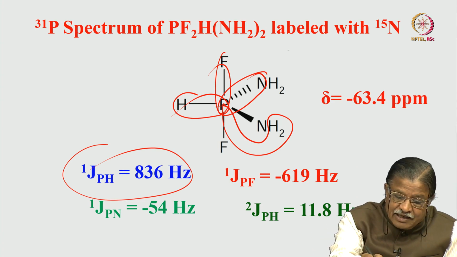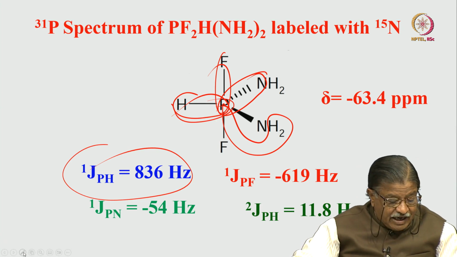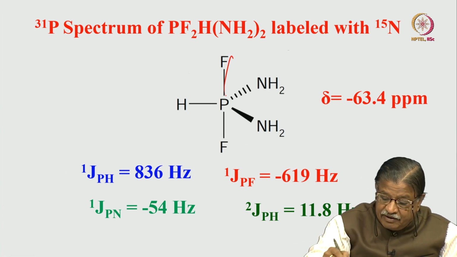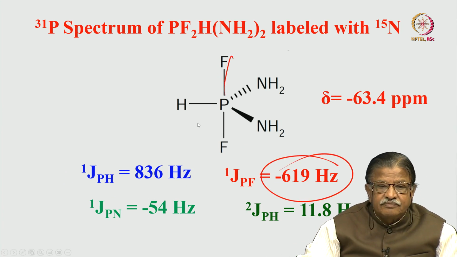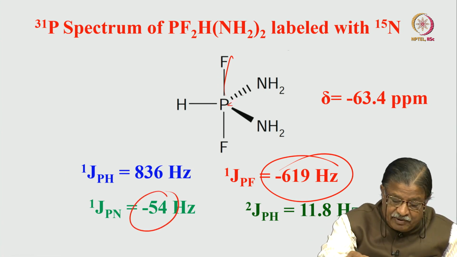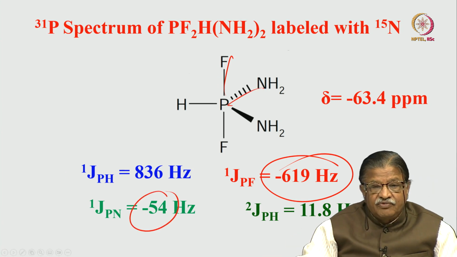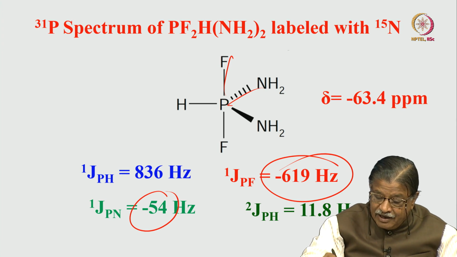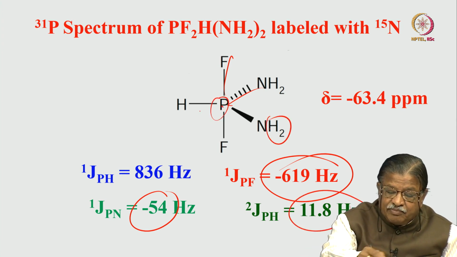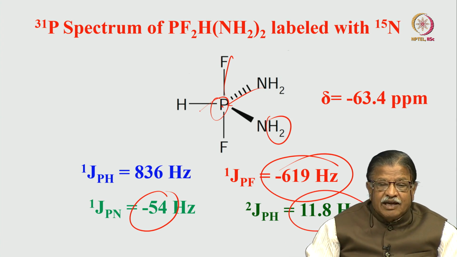1 bond PH coupling, this is 836 hertz, very large. And 1 bond PF coupling is also large. And 1 bond nitrogen phosphorus coupling, that is also quite large, 50 hertz. And, I am sorry, not 1 bond, 2 bond PH coupling, the H2 group can couple to phosphorus.